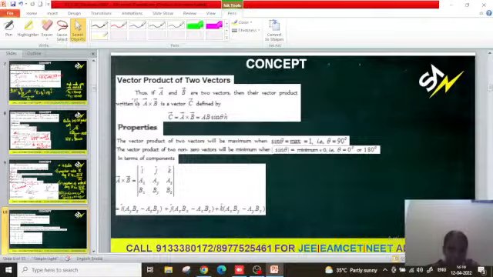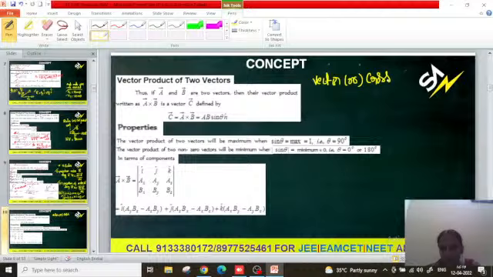Our next concept is the vector product of two vectors. Vector product, also called the cross product.